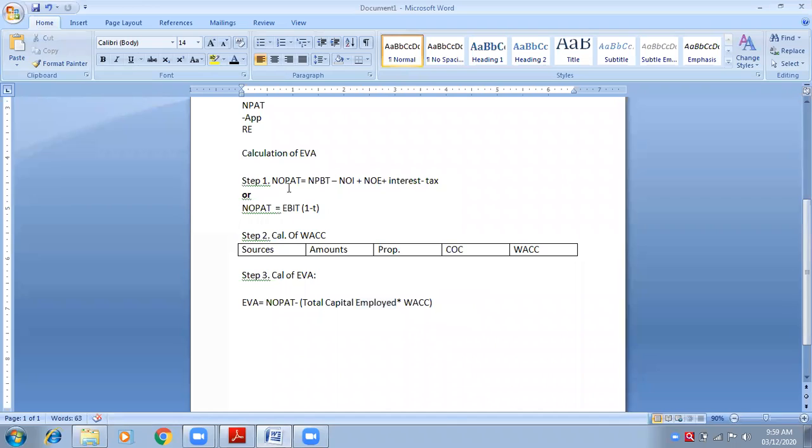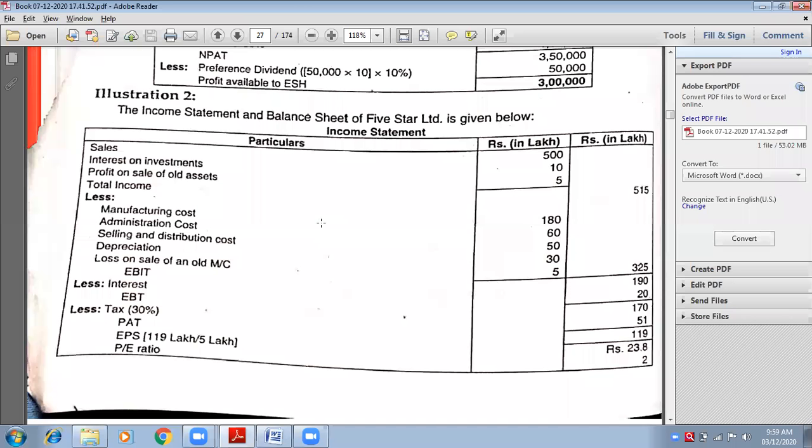In these two, no formula will be applicable. According to the question, you have to understand. Very simple concept. NOPAT means I don't want non-operating income, I don't want non-operating expenses, and I don't want interest. Before that, I have a profit known as EBIT.